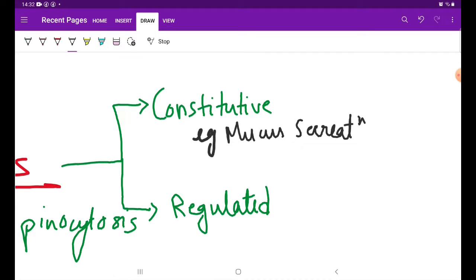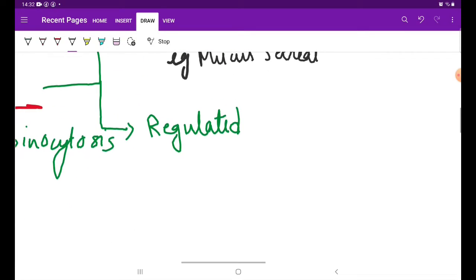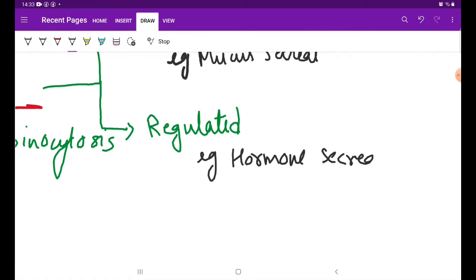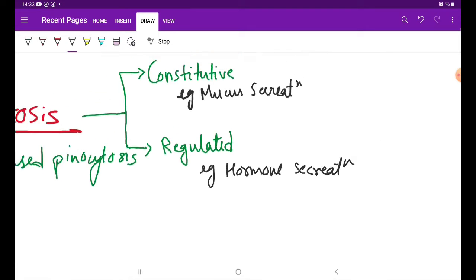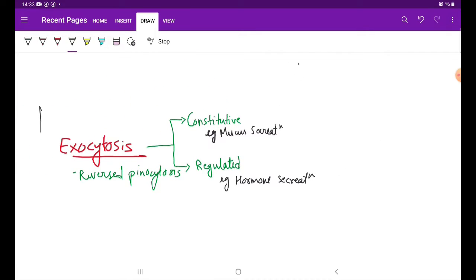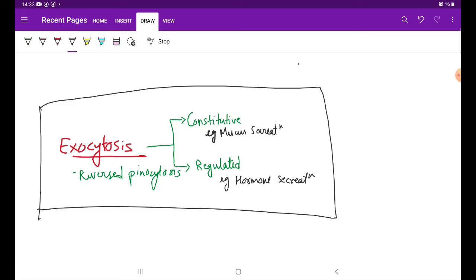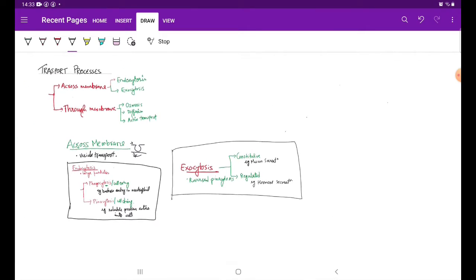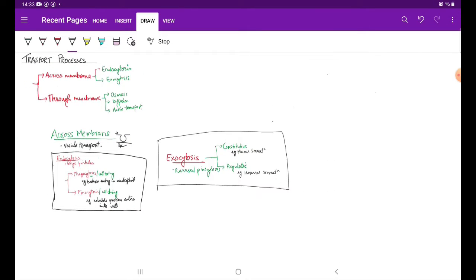And an example of regulated exocytosis could be hormone secretion. Regulation happens, and then only the hormone is secreted. Okay, so these were the two types. Across the membrane has been discussed.